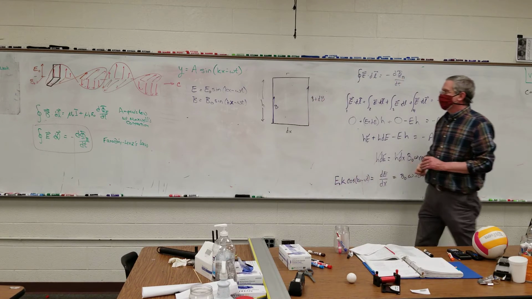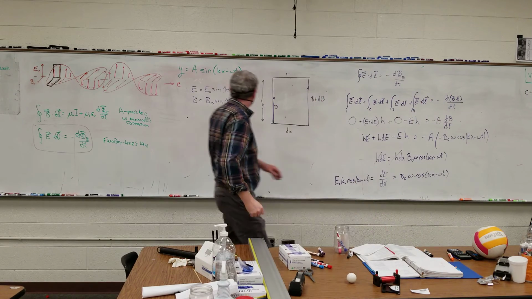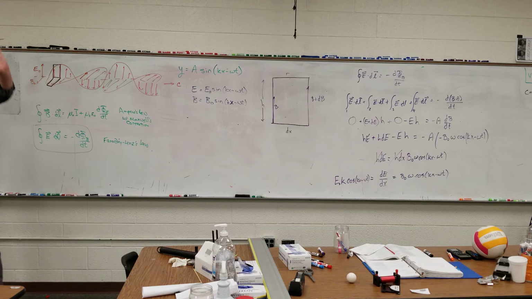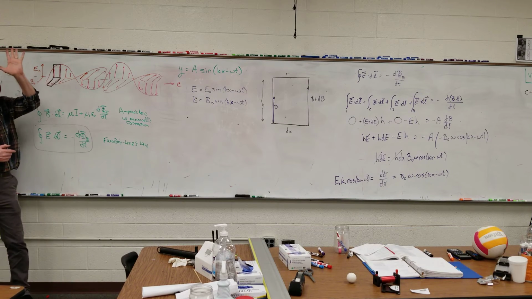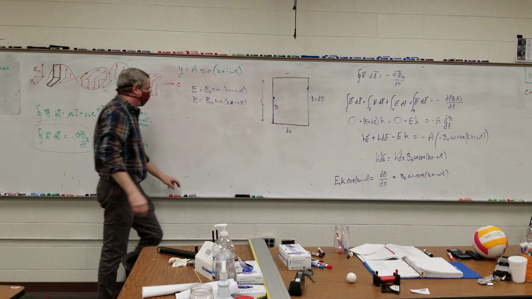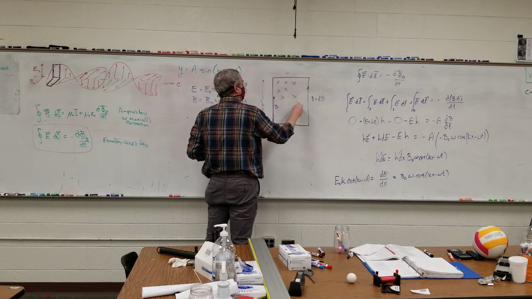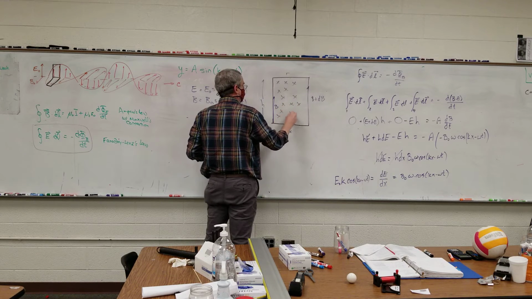My electric field is pointing into the board, because again, from this drawing right here, the electric field has the ring on it, the magnetic field does not. And so when I tilt it this way, my electric field is pointing into the board.